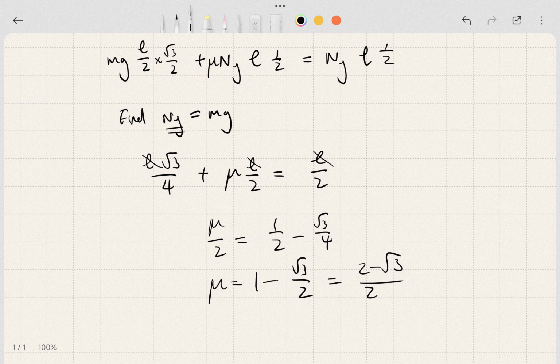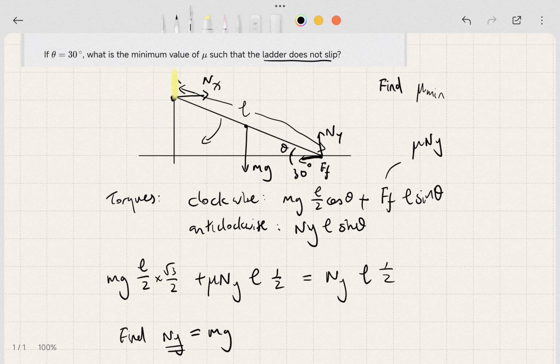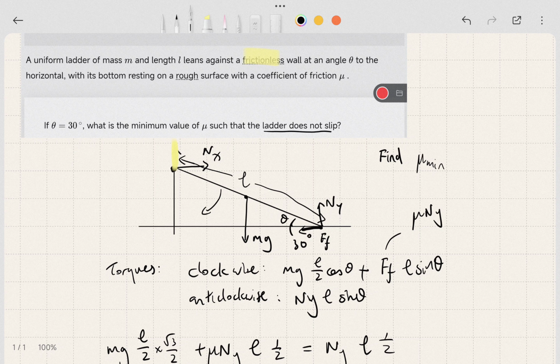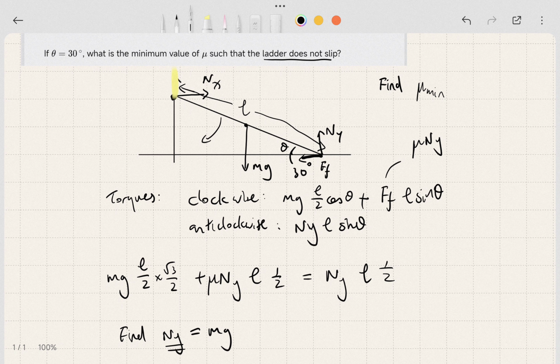I don't think that is the right answer, because it's not present in any of the answer choices in the question. So I have to revisit, see where it has gone wrong, and hopefully go from there. So we're essentially using the fact that taking the torques at this point balances out.